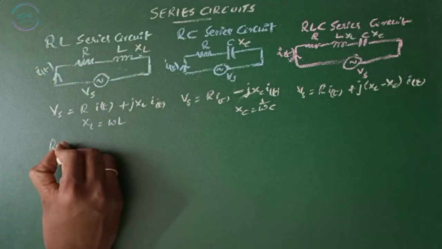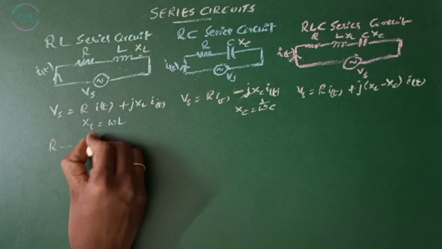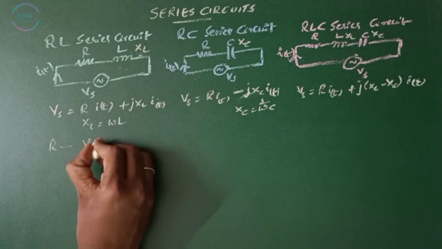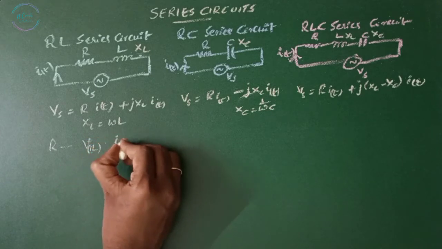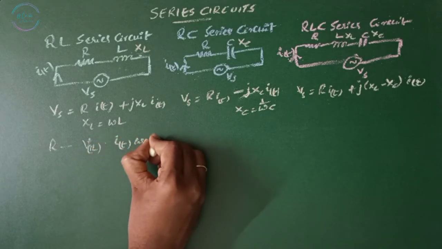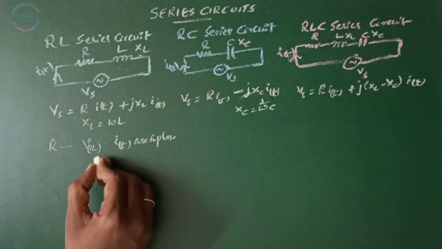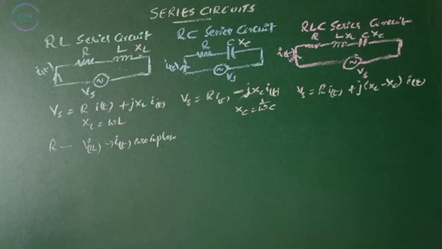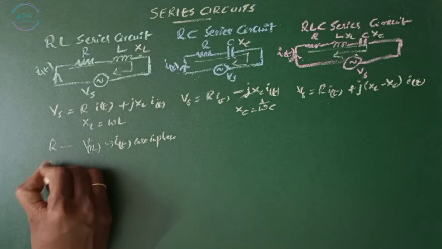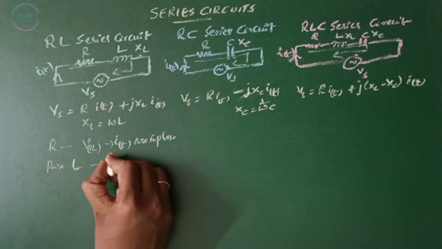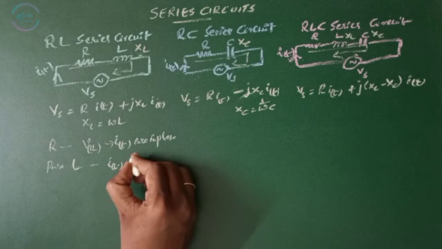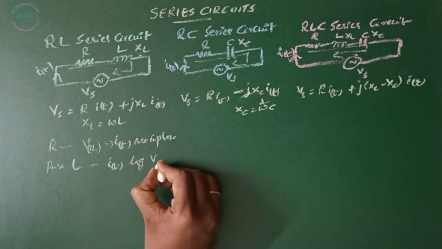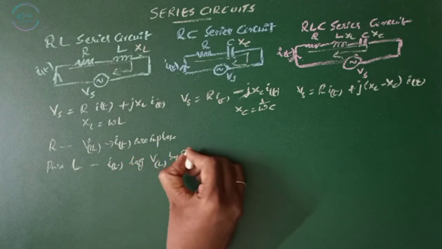Now in the resistor, both voltage across the resistor and the current I are in phase. In all the cases, the phase angle is 0 between these two. Since this is a series circuit, currents will be the same. Where a pure inductor is there, the current I of t is going to lag V of L by 90 degrees.